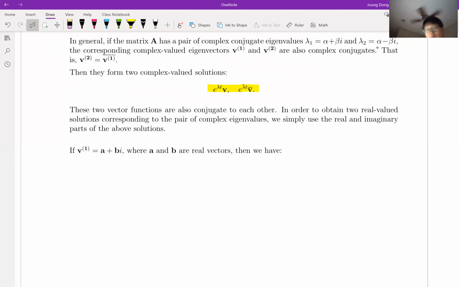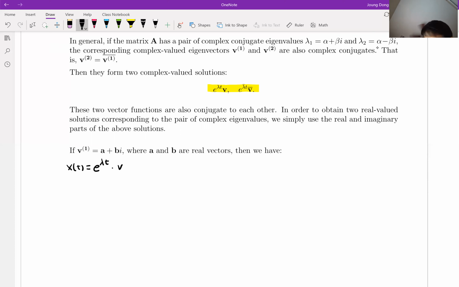Then my solution x is e to the lambda t, let's say lambda 1, times vector v, let's say just vector v. We notate it like v1, but it doesn't matter, because we can have only one.